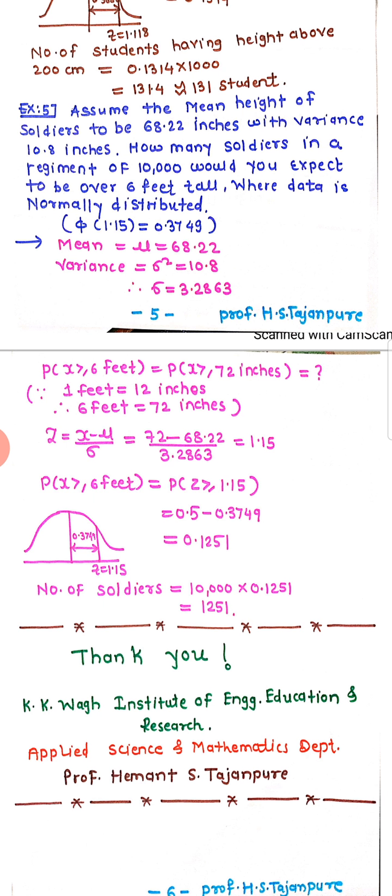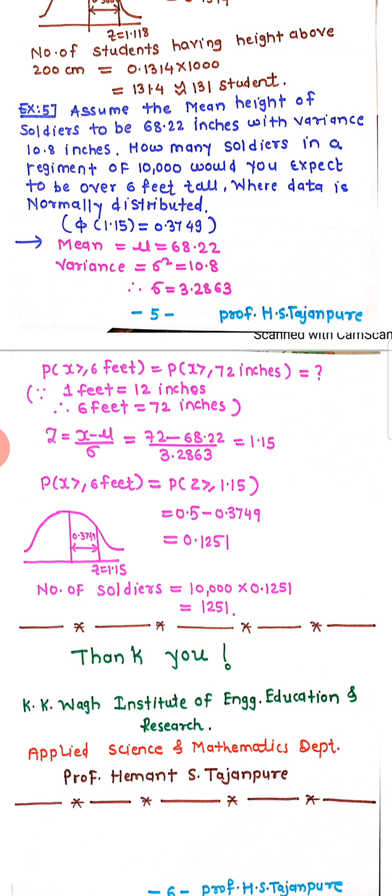So now for x greater or equal to 72, we'll convert in terms of z. What is z? z is x minus mu upon sigma, which is equal to 72 minus 68.22 upon 3.2863, which is equal to 1.15, and hence here the probability of x greater or equal to 6 feet is equal to the probability of z greater or equal to 1.15.